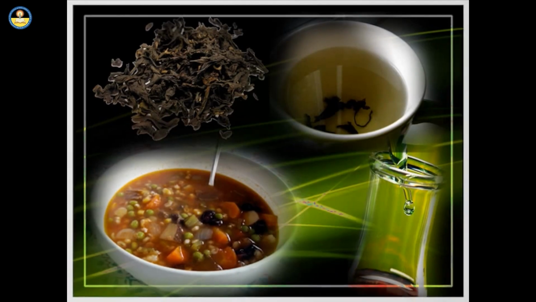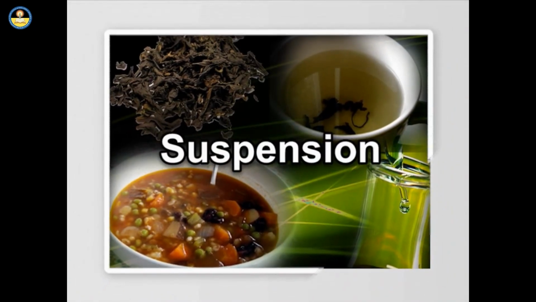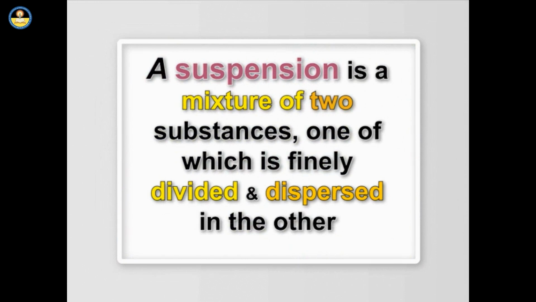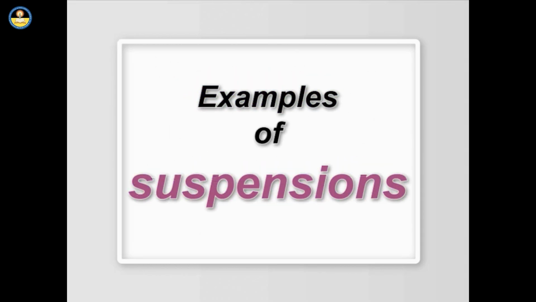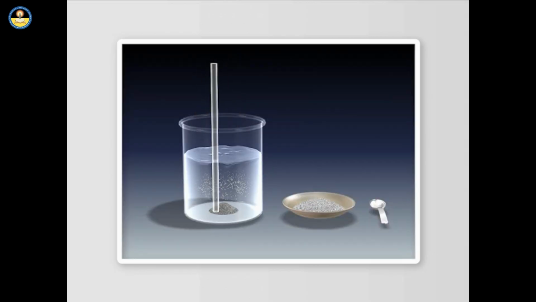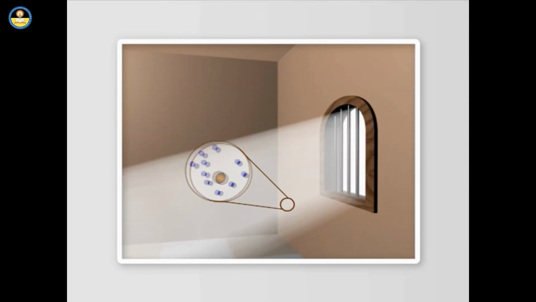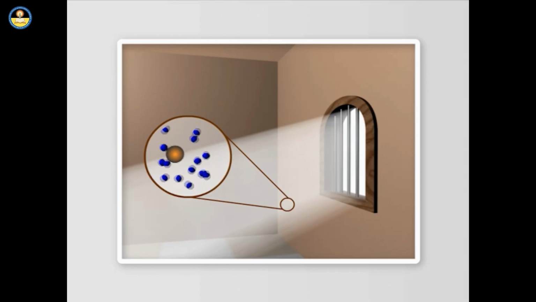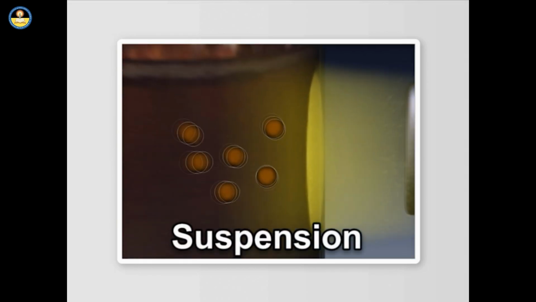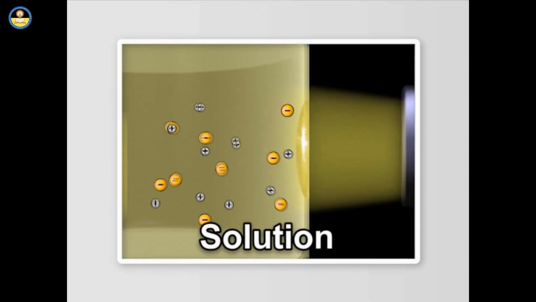Now, let us try to define what a suspension is. A suspension is a mixture of two substances, one of which is finely divided and dispersed in the other. Examples of common suspensions are sand in water and dust in air. The particles in a suspension are larger than those in a solution.